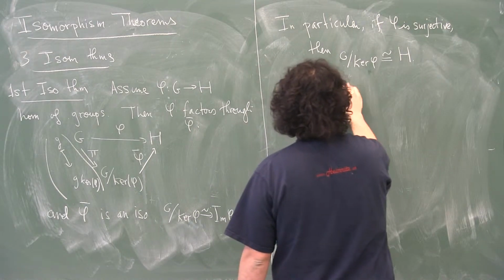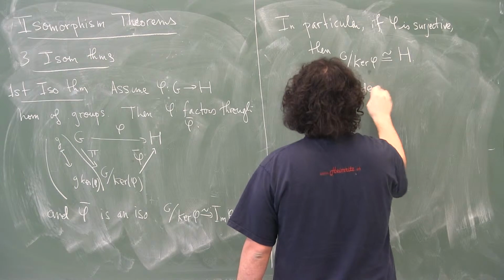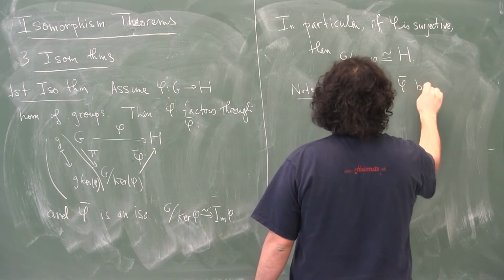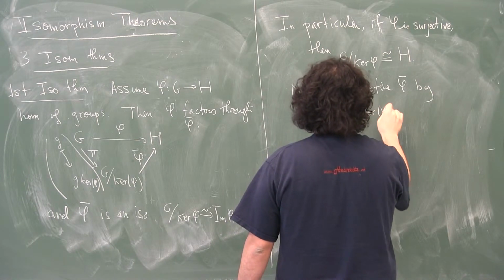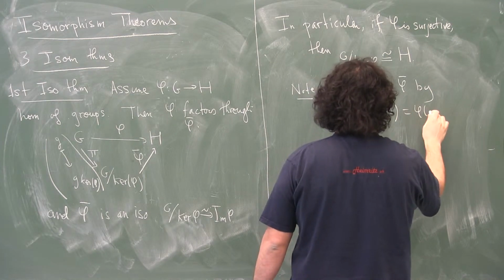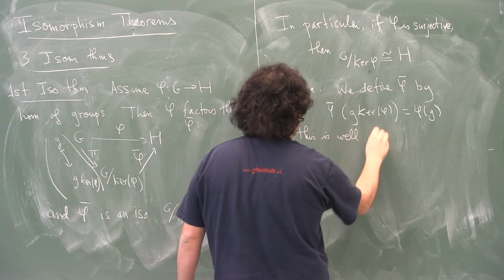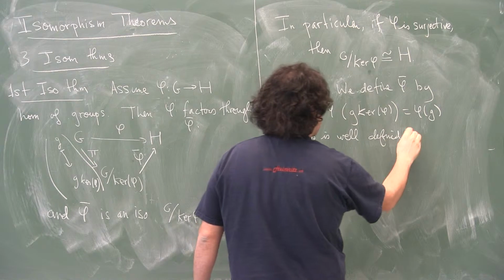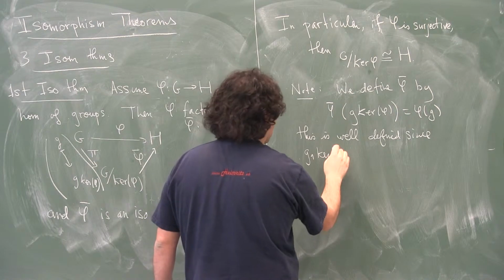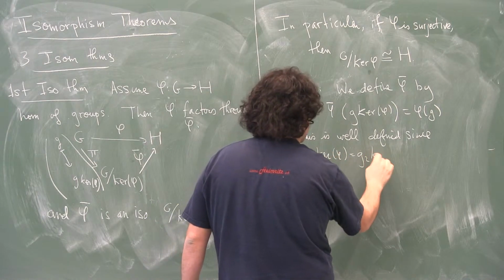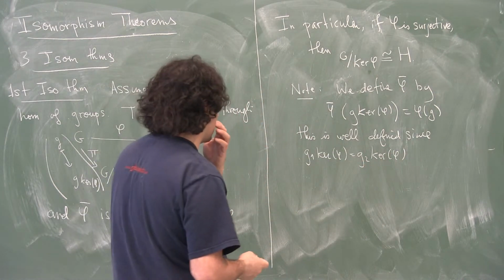So note phi bar. We define phi bar of G kernel of phi, this coset, to be phi of G, and this is well defined, since if I have G1 kernel of phi equals G2 kernel of phi, that means that G1 and G2 are two representatives of the same coset.